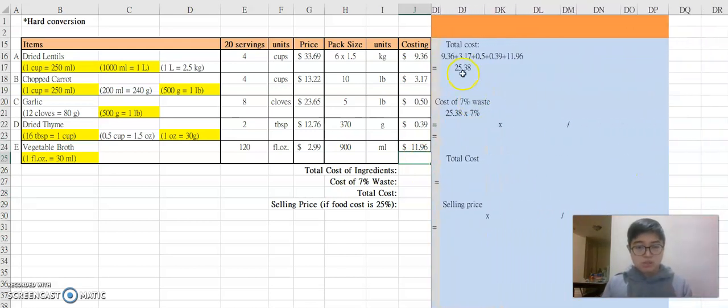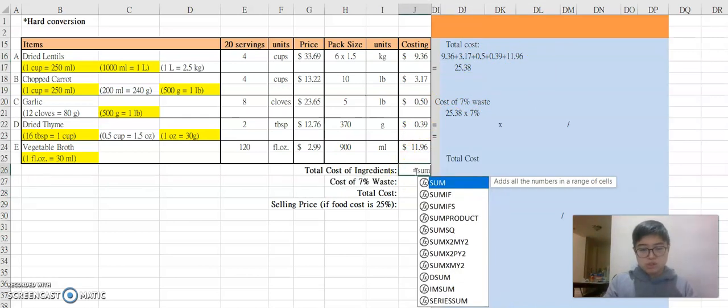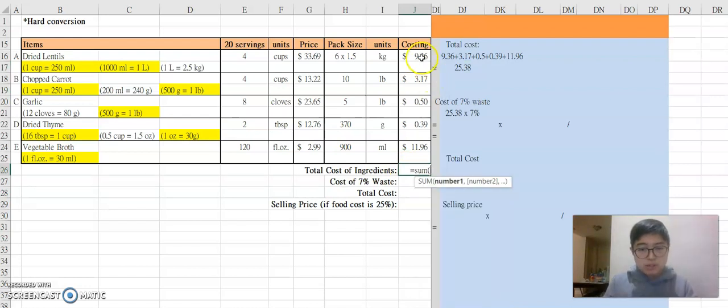Then we need to calculate the total cost. Total cost is 9.36 add 3.17, add 0.5, add 0.39, and add 11.96. The answer is this one, and in Excel, equal to sum, open bracket, select here, then close bracket. The answer is the same.